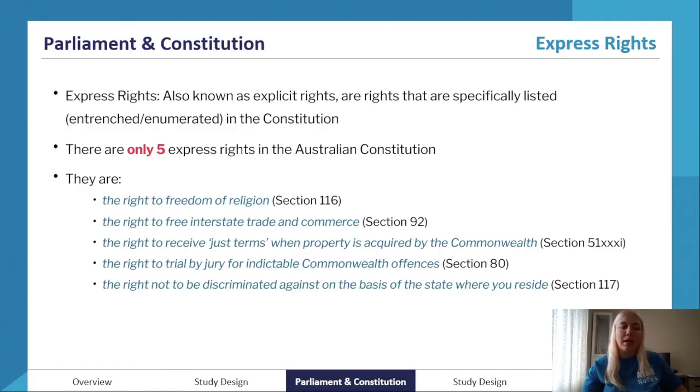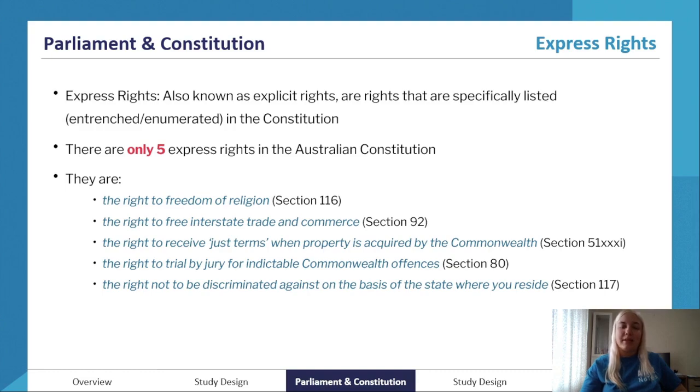There's also the right to receive just terms when property is acquired by the Commonwealth, which comes under Section 51, subsection 31. Again, a flaw with this is that this express right is only federal level. So states could do anything they want, technically.